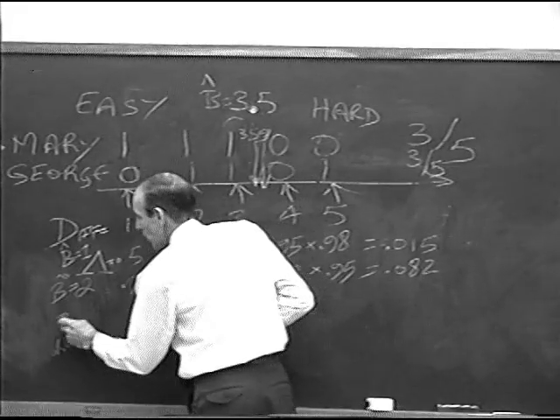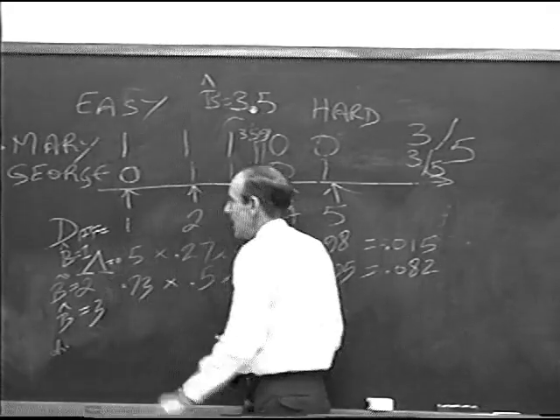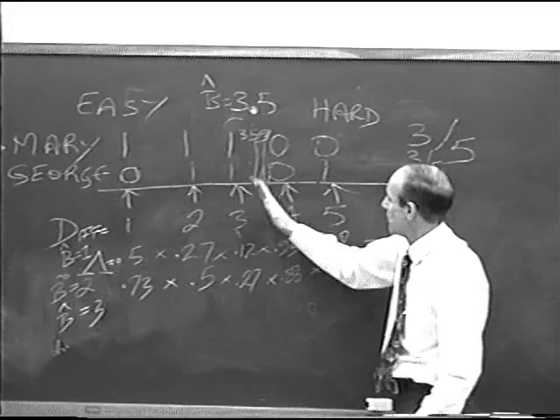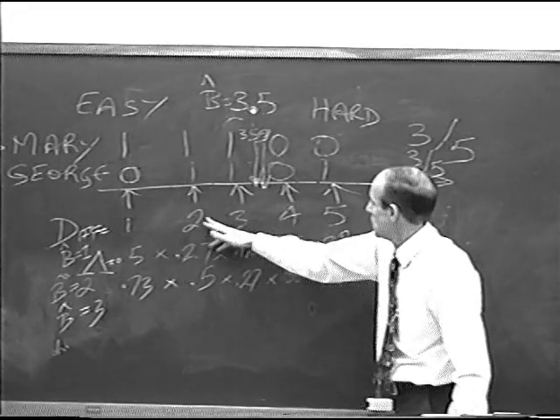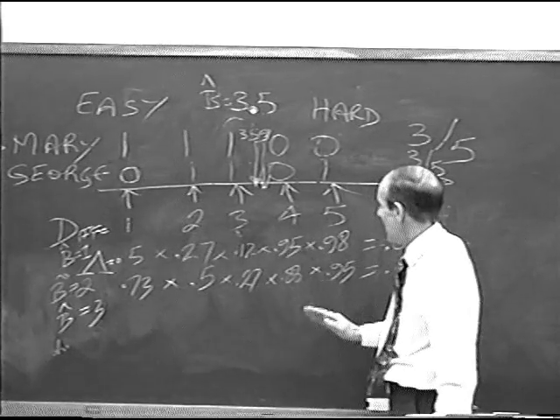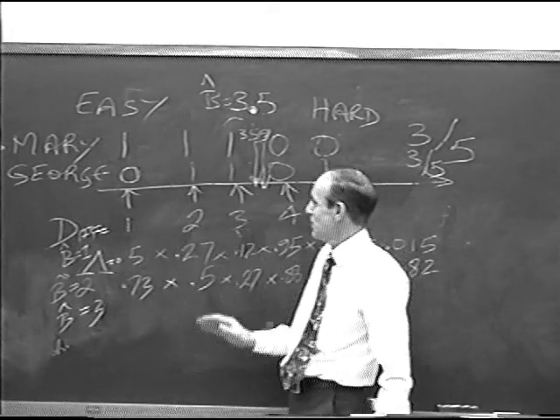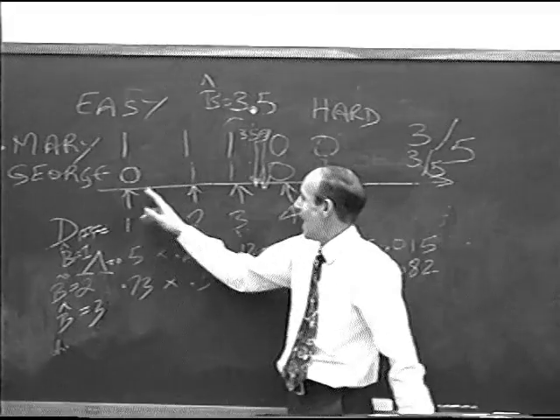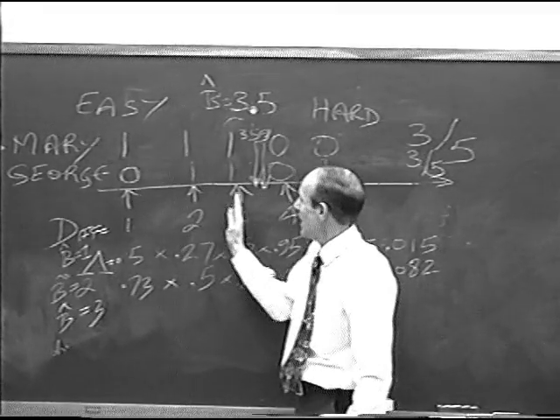What about when she's at 3? Okay, so that moves her 1 more up. That was at 2, so this is at 3. I'm slipping up here, someone can catch me in a moment. Okay, so now we're at 3.